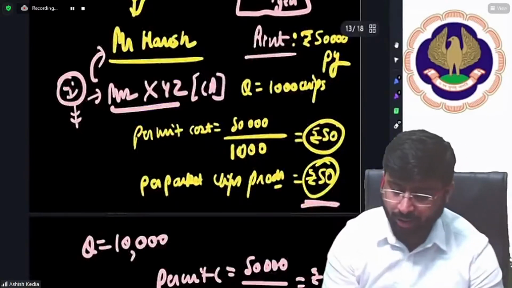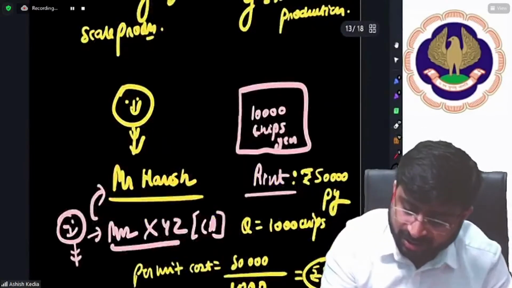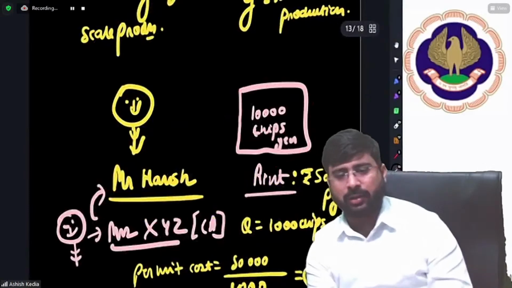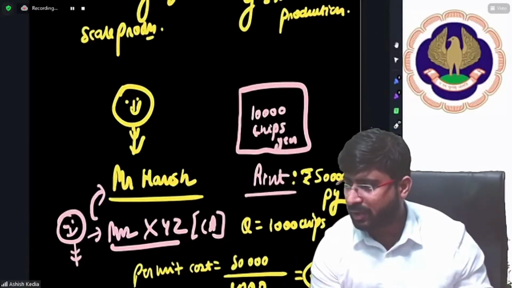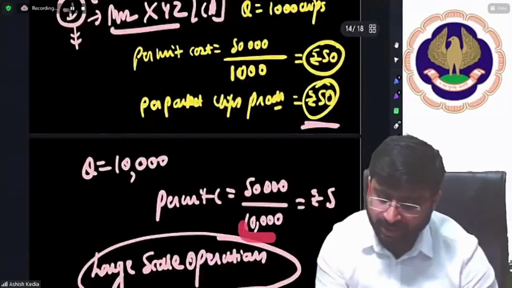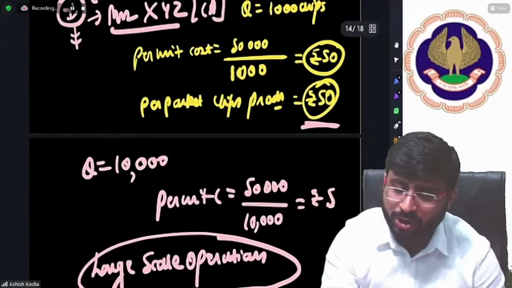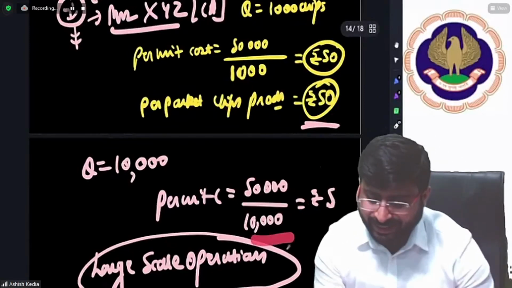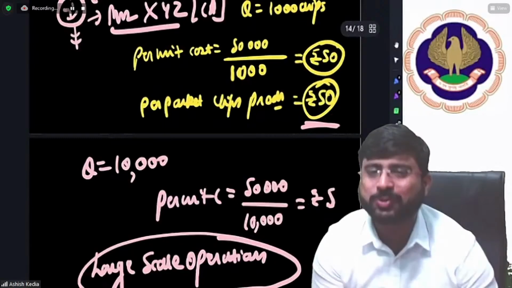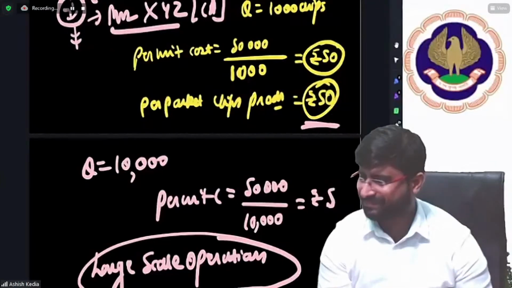But imagine a world where Mr. Harsh decided to produce 10,000 chips per year, because the capacity is to produce 10,000 chips a year. The per unit cost went down from 50 rupees to 5 rupees. 50,000 rent and 10,000 units, so per unit cost comes to about 5 rupees only.